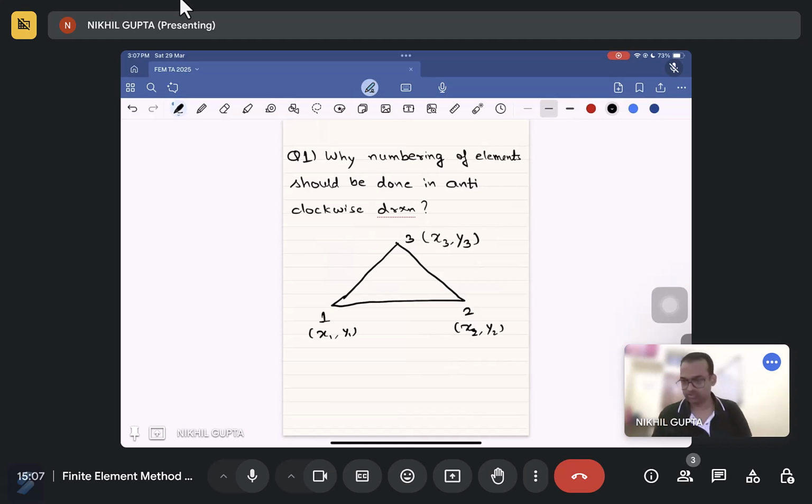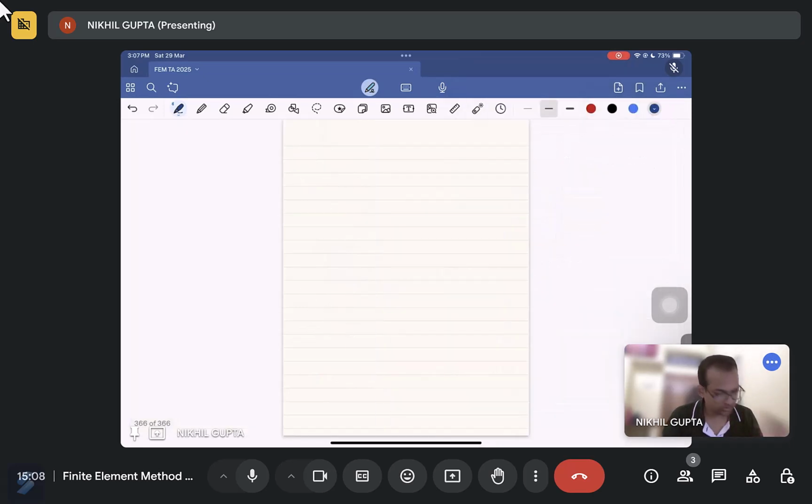I'll solve the part on why it is so. Let's take the temperature of each element as the degree of freedom and start solving. If we know Pascal's triangle, there are three terms: 1, x, y, and then x square, xy, and y square.